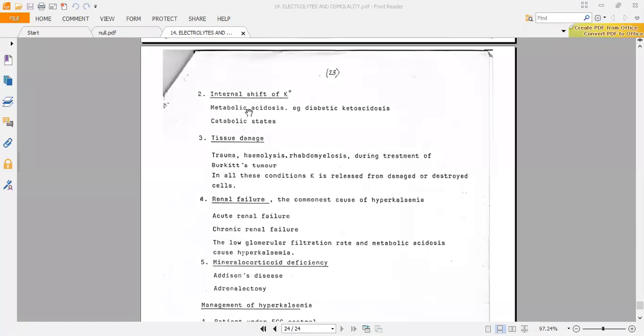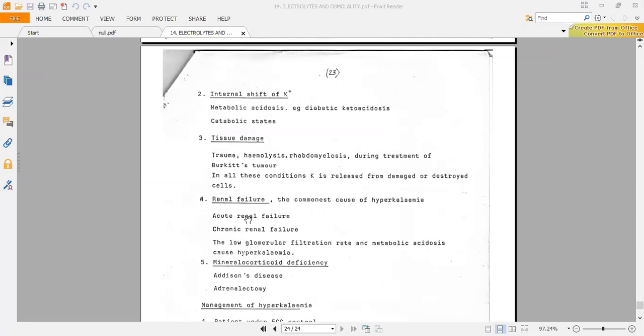So they can either have hyperkalemia or hypokalemia, but mostly it's hypokalemia that they have. Okay, because diabetic ketoacidosis leads to production of aldosterone, and we saw that aldosterone will cause elimination of potassium. Okay, so just know that diabetic ketoacidosis mainly causes hypokalemia, but it can also cause hyperkalemia.